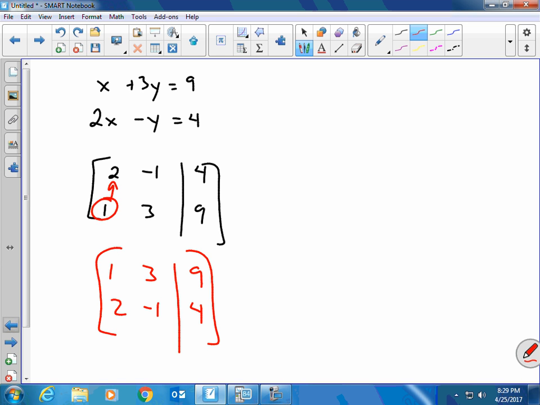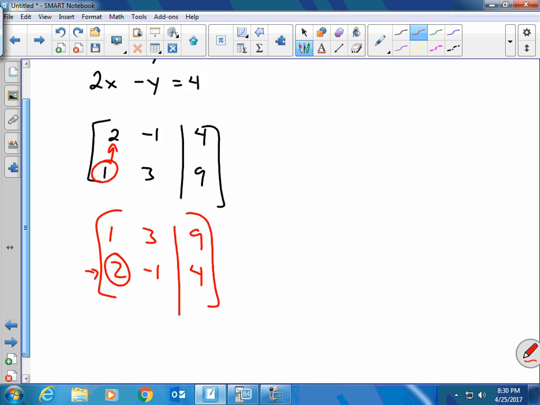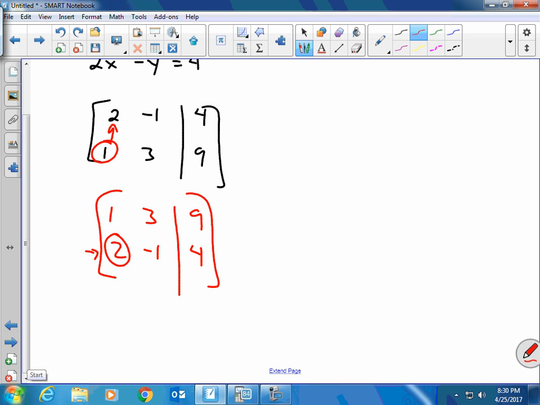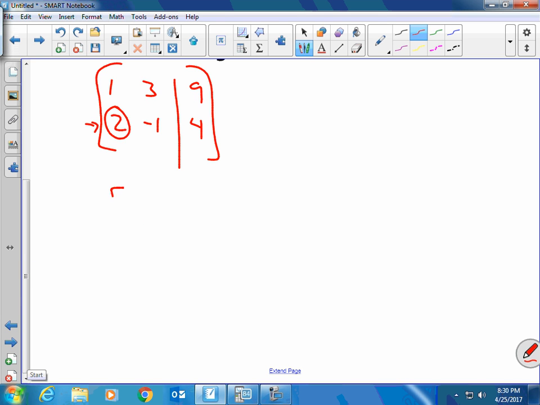Step 2 was to make the entry in row 2, column 1, a 0. We did that by multiplying the first equation by something and adding it to the second equation to get it to cancel. Let's rewrite the first equation because we're not going to mess with that. I'm going to multiply the first equation by a -2, the same number but a different sign as the number I'm trying to get rid of.